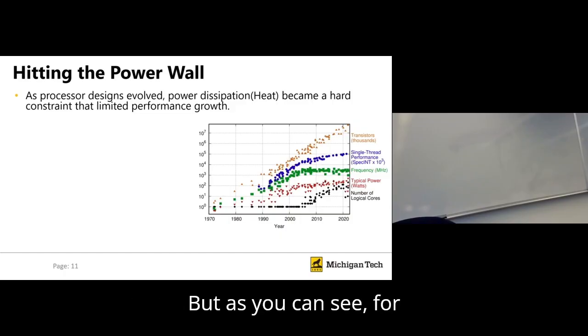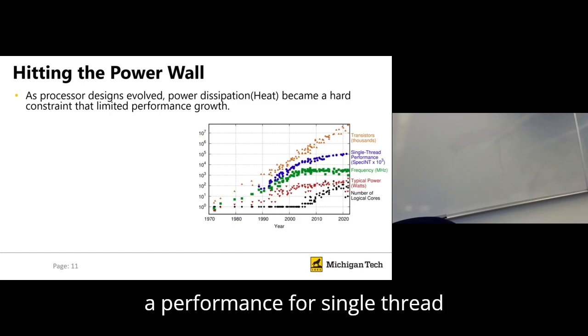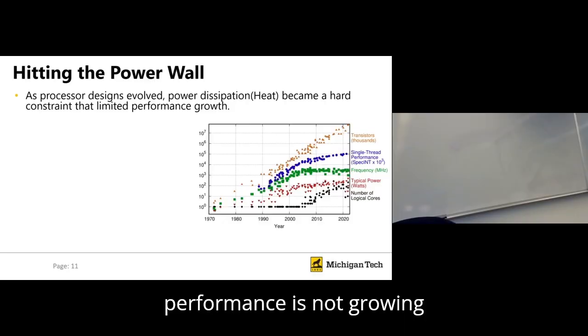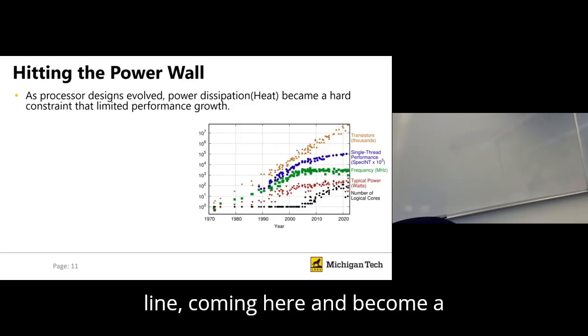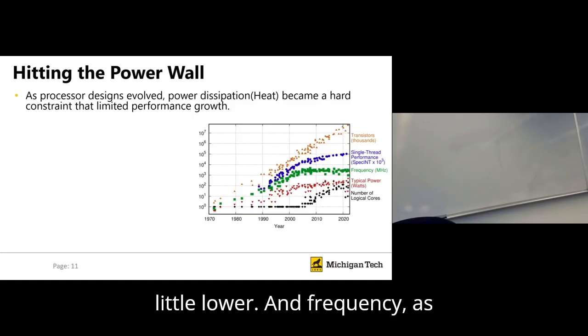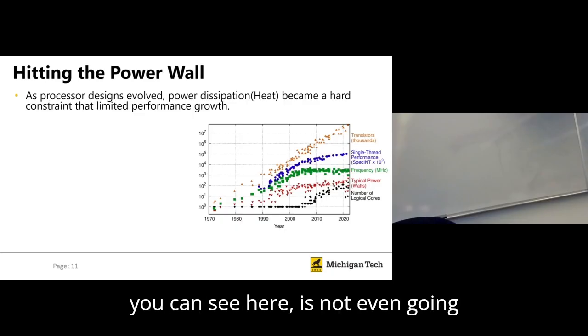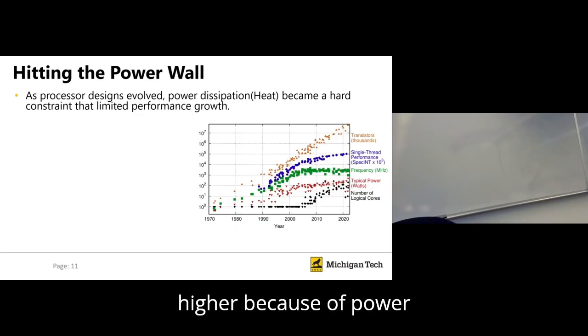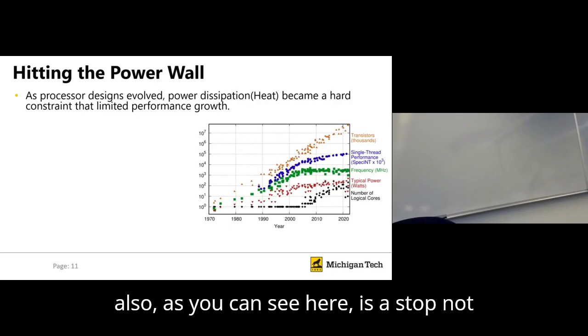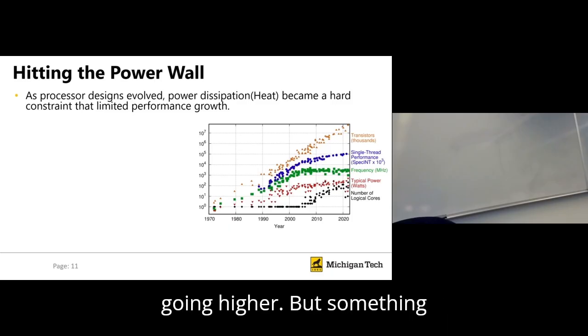But single thread performance is not growing like a line, and it becomes a little lower. And frequency is not even going higher because of the power wall. And watts also stopped and are not going higher.